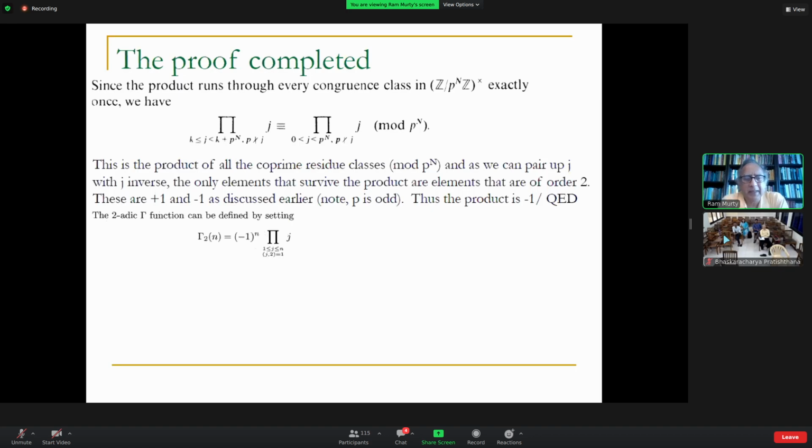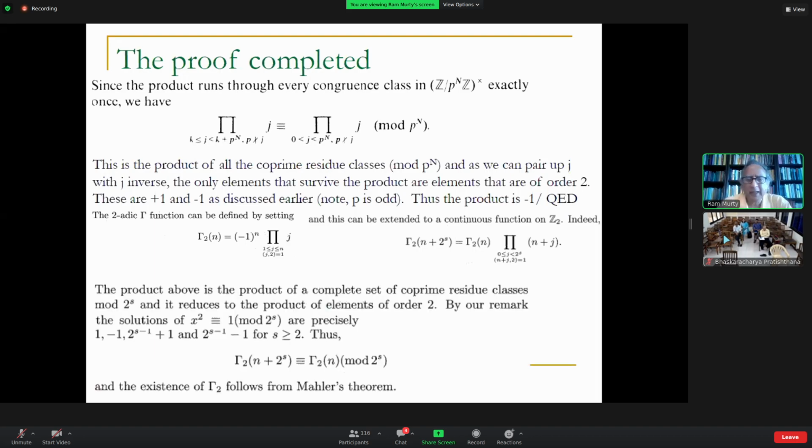And when p equals 2, the p-adic gamma function can be defined in the same way as before, setting the product of the j's less than n, with j being odd. And using that, if we want to interpolate the p-adic gamma function, we have to look at the sequence at n plus 2^s and at n, and then compare them.